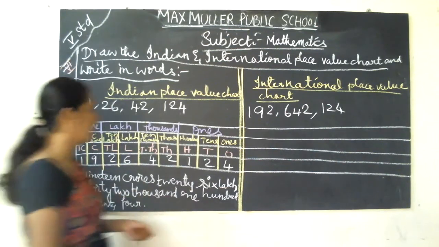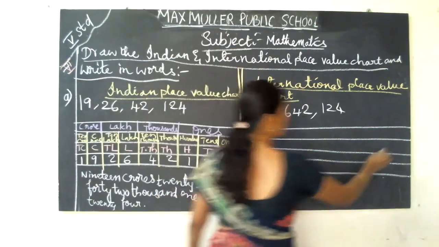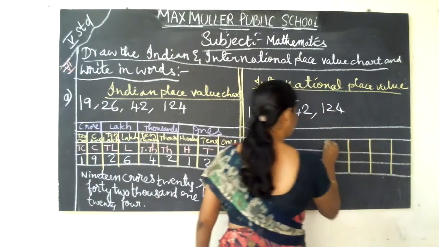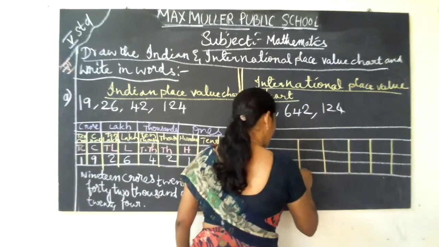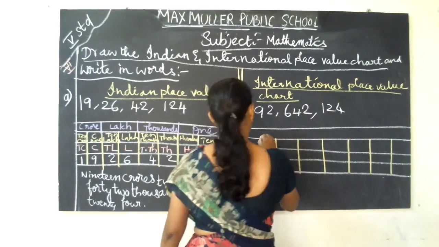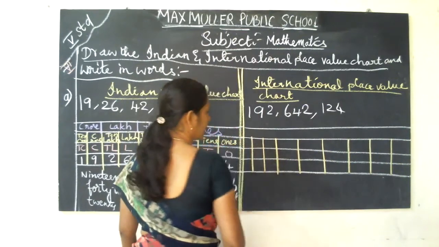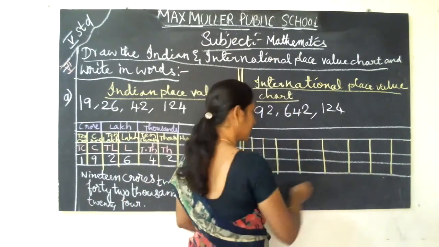Okay. Here we'll go for now. Ones, tens, hundreds, thousands, ten thousands, hundred thousands, million, 10 million, 100 million. Okay.